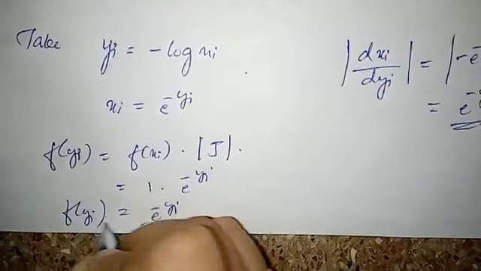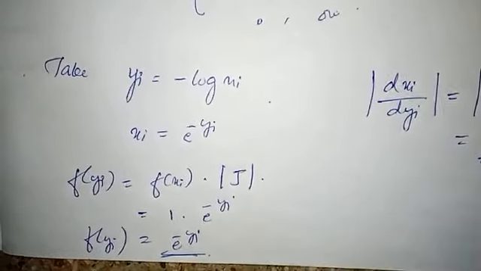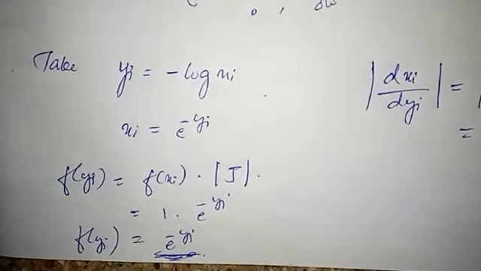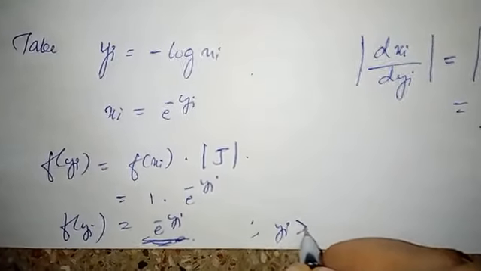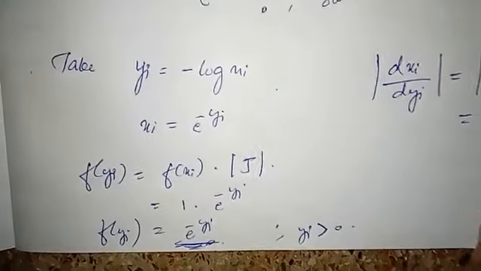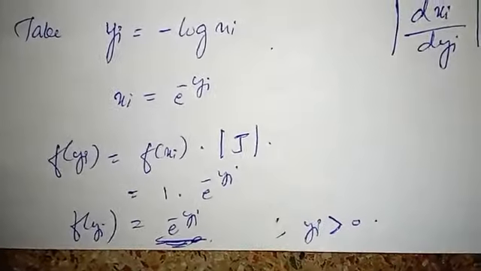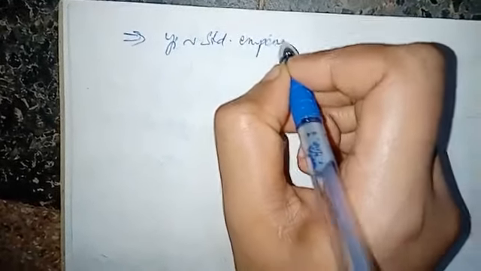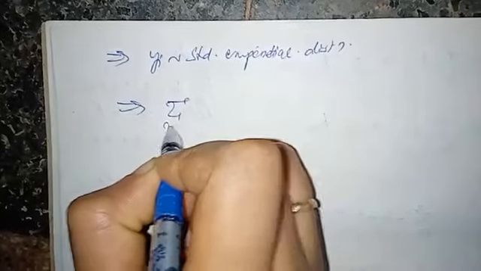Here the density of minus log xi is e power minus y. Which distribution is this? f of y equals e power minus y, with y greater than 0, so y follows the standard exponential distribution.